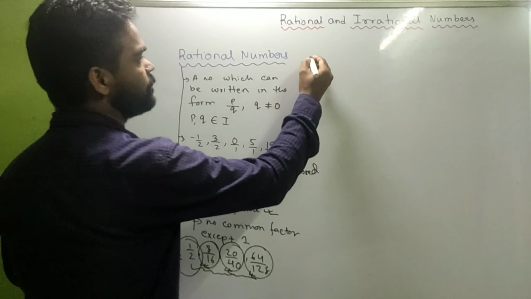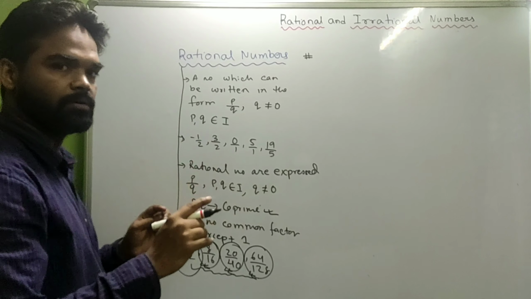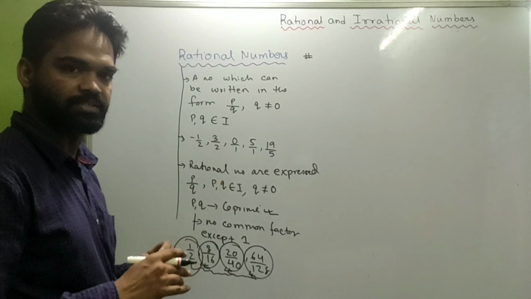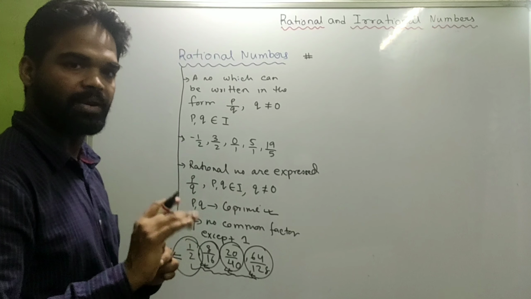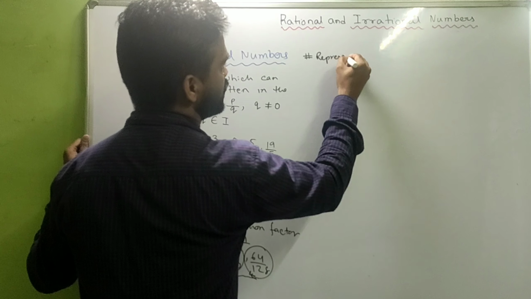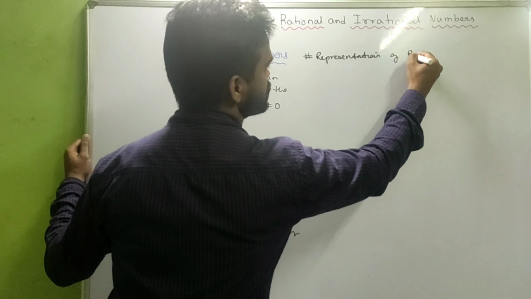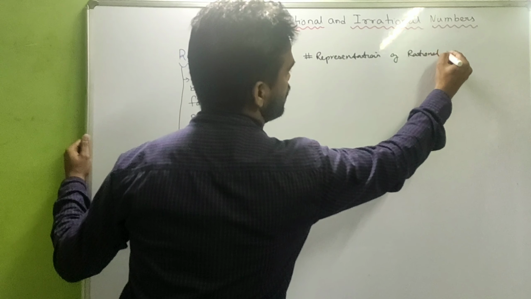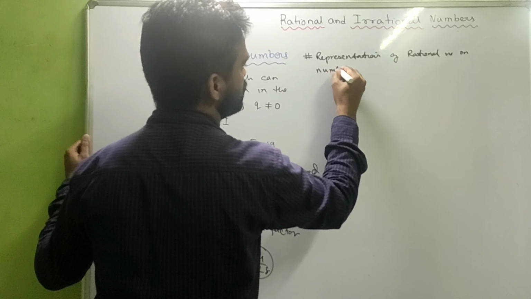Now we have already done how to represent a rational number on a number line in previous classes. How to represent a fraction on a number line we have done. For example, the representation of a rational number on the number line.